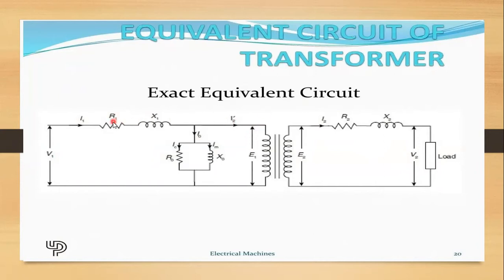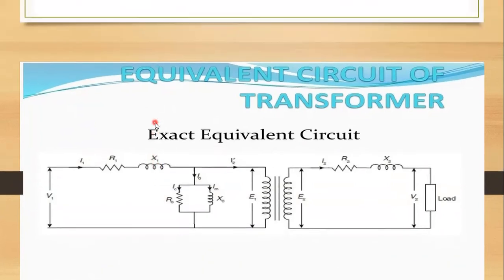R1 is because of the resistance of the winding. R1 is represented here in the equivalent circuit as the winding resistance of the transformer. X1 is reactance, the reactance due to leakage flux.